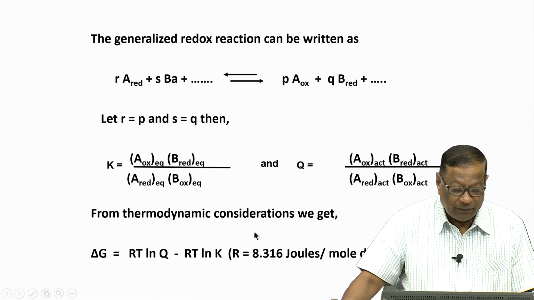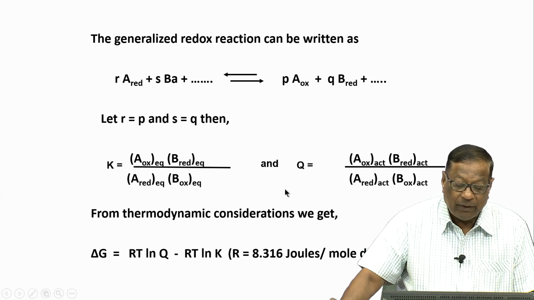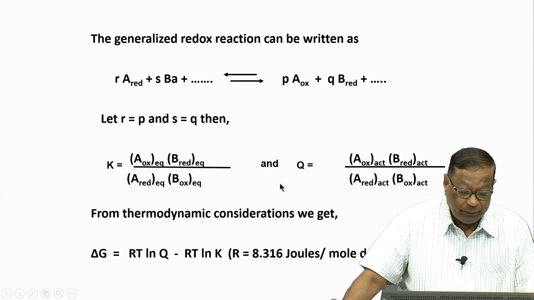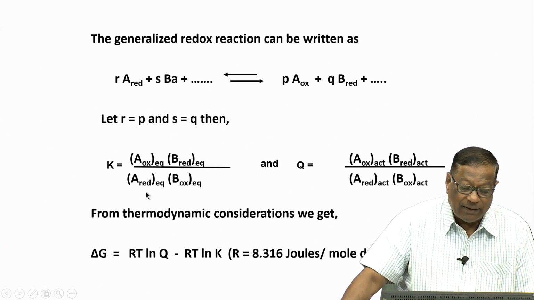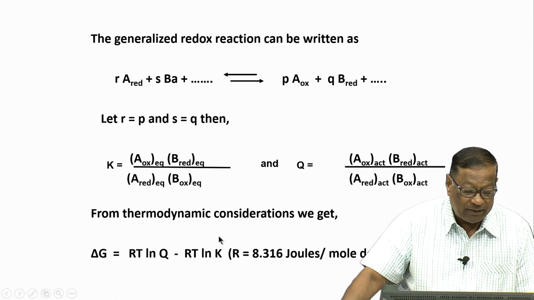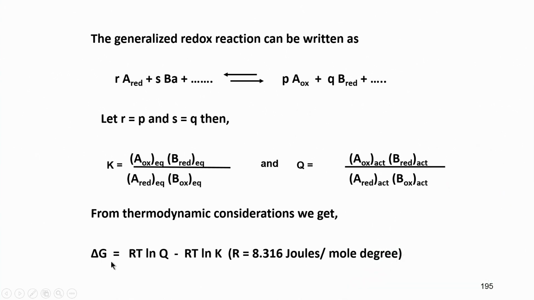So, from thermodynamic consideration we have two quantities now, K and Q, and these two are related by a thermodynamic equation related to free energy, that is delta G is equal to RT ln Q minus RT ln K, where R is the gas constant, 8.314 joules per mole per degree, and T is temperature, ln Q, that is activity, minus equilibrium RT ln K.